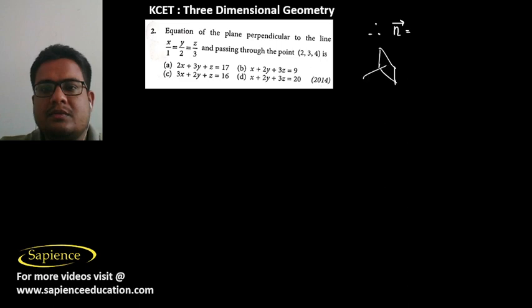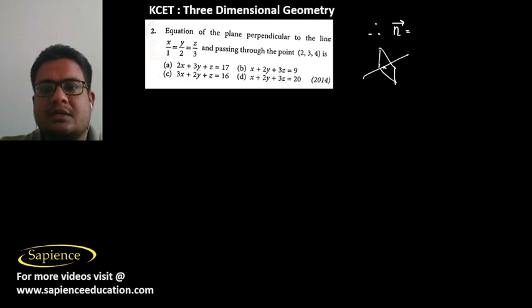Then question number 2 says: the equation of the plane perpendicular to the line and passing through the point (2, 3, 4) is. Here we have a plane, here we have a line.